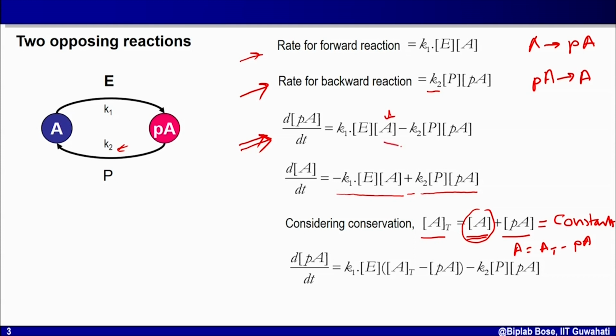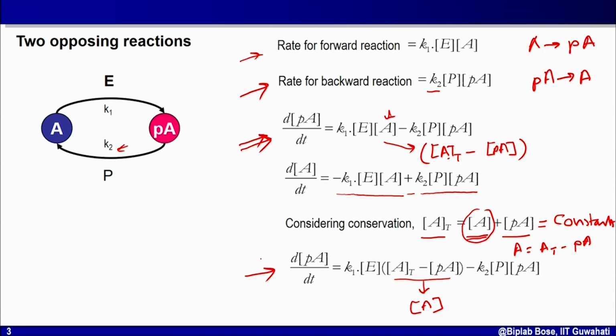I can replace this A term by the concentration of total A minus the concentration of phosphorylated A. Then I get this ODE: dPA/dt is equal to K1 into E, the concentration of the enzyme, into AT minus PA, that is actually nothing but free A, minus K2 into P into PA.